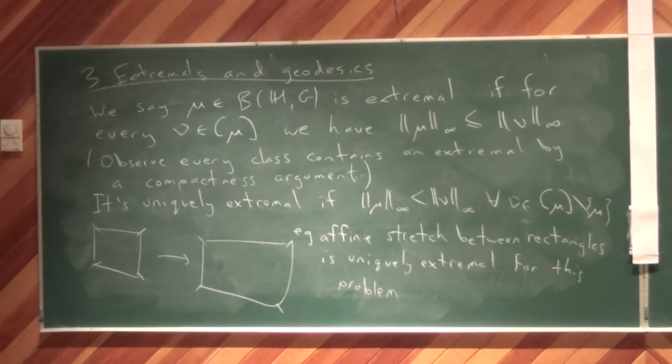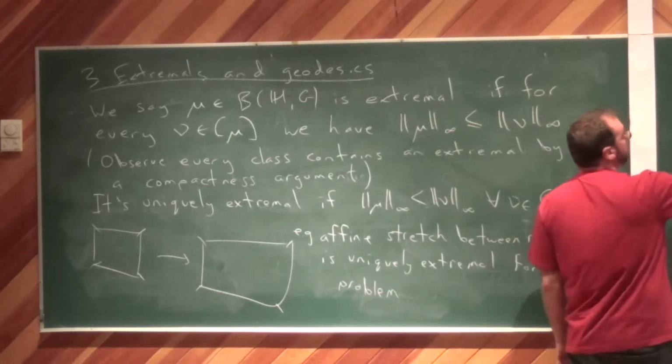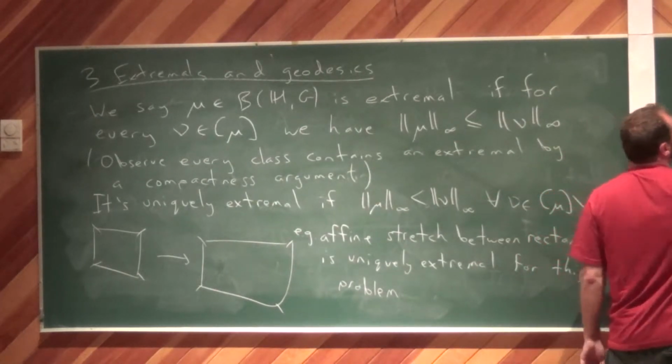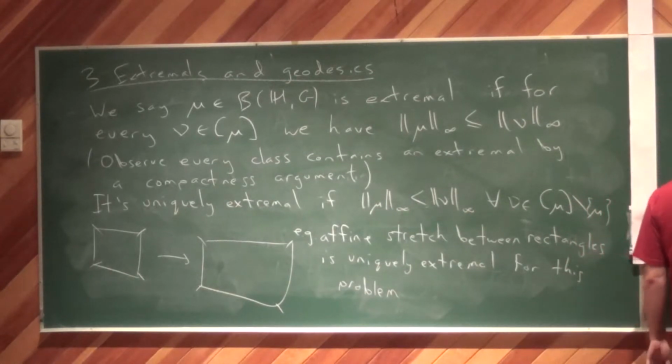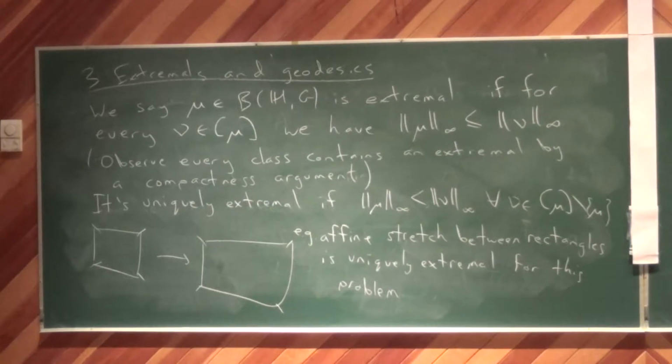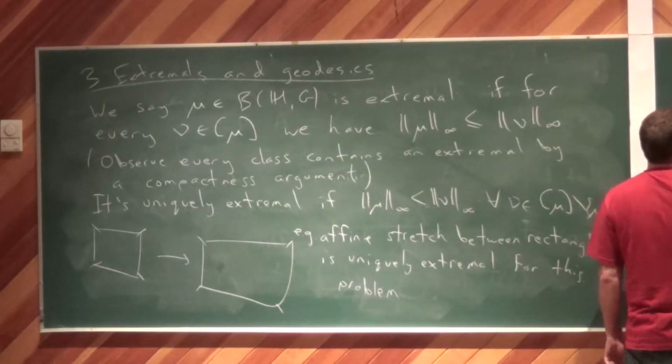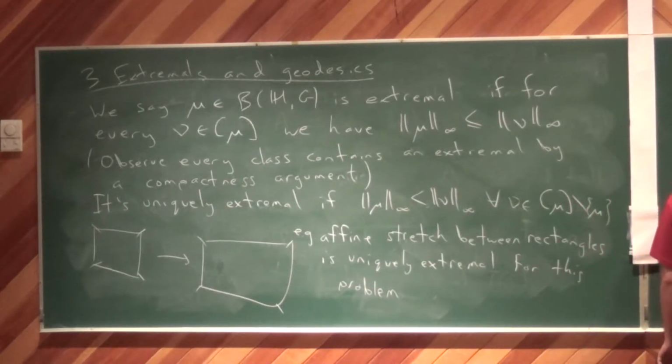And there is a similar notion for the tangent class of Beltrami differentials. So mu is extremal for mu tan if the sup norm of mu is less than or equal to the sup norm of nu, for all nu in the tangent class of mu.